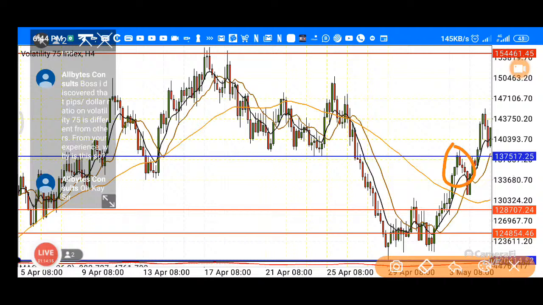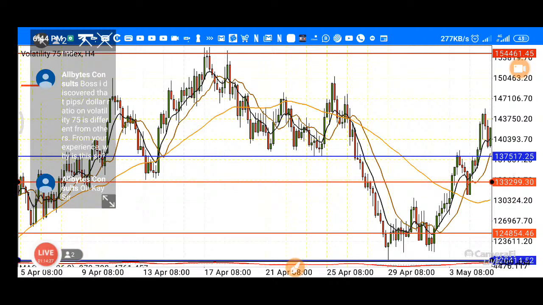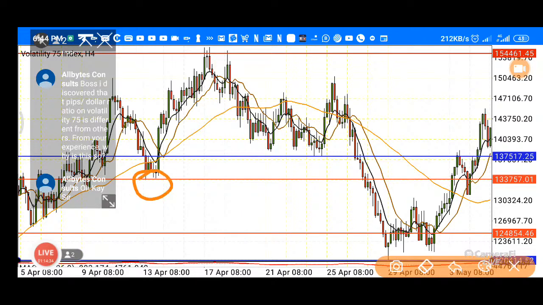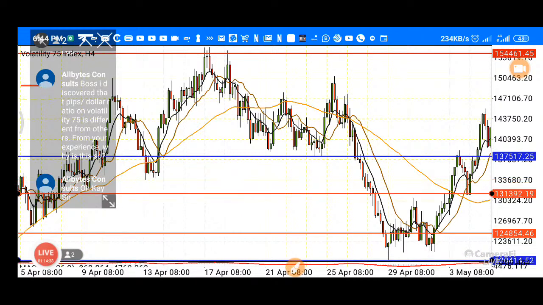That's a bounce over there. So let's assume we sold here, and let's look for a possible TP. Okay, let's use this for a TP, this level, this support. Or if possible let's use this support.